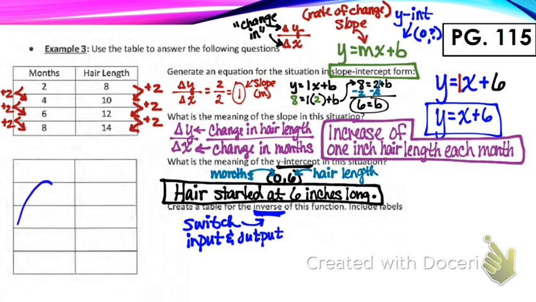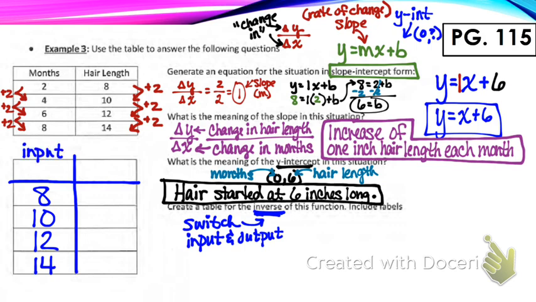So what should go down this column over here on the left? 8, 10, 12, and 14. And 8, 10, 12, and 14 are all numbers that are telling me about what? Are those months? That's hair length. So this is now my input over here, but these numbers are still telling me about hair length.